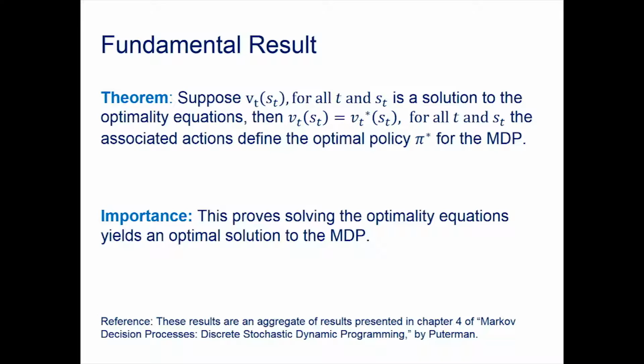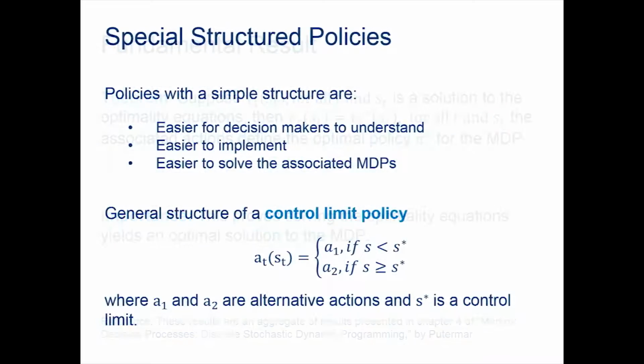It's a reference book, and basically, this is a fundamental theorem that says the solution that you get from those optimality equations is going to generate the optimal policy for you. And the proof is very simple. I mean, it's by induction, as you might imagine. A lot of proofs are by induction when it comes to dynamic programming or stochastic dynamic programming, because you have this recursive kind of structure to the problem. So it's very easy to formalize. I'm not going to go through the proof, but you know where to find it.